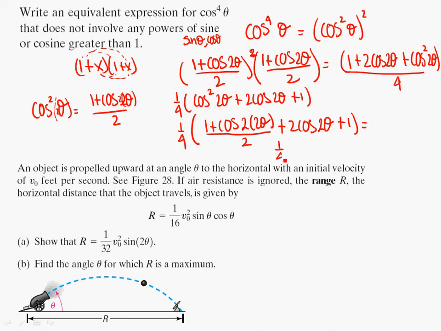You get 1 over 4 times 1 plus the cosine of 4 theta. So I don't have a power, so I'm okay with this. I'm sort of trying to follow the rules that they gave me, plus 2 cosine of 2 theta plus 1. Okay, clearly that's a challenging problem.